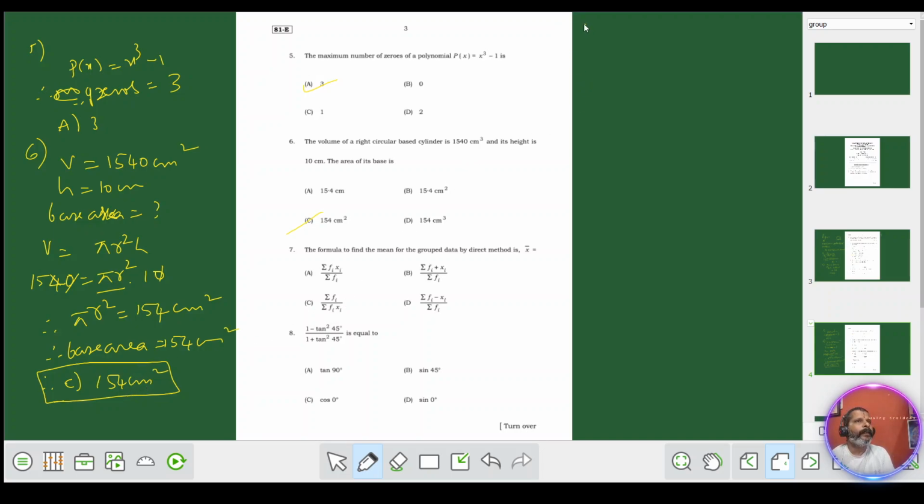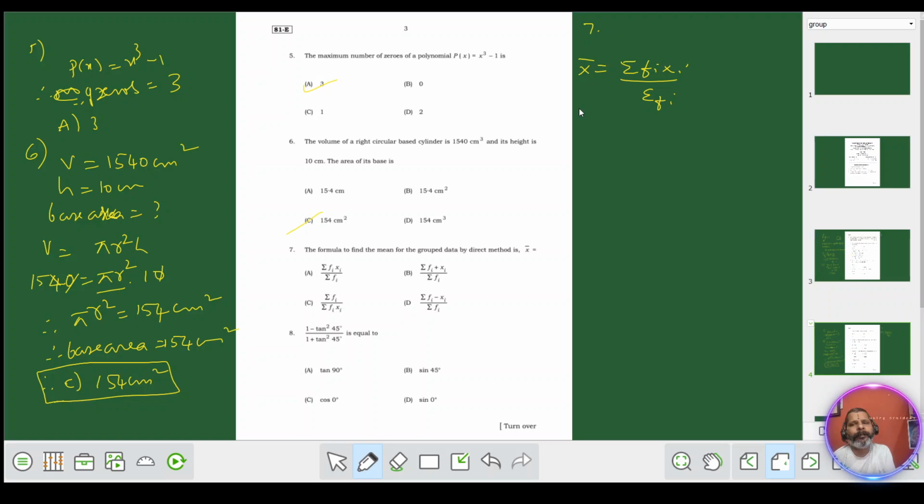The seventh one, the formula to find the mean for grouped data by direct method. The formula is x bar is equal to sigma fi xi by sigma fi, right? So just pick that one from the options given.